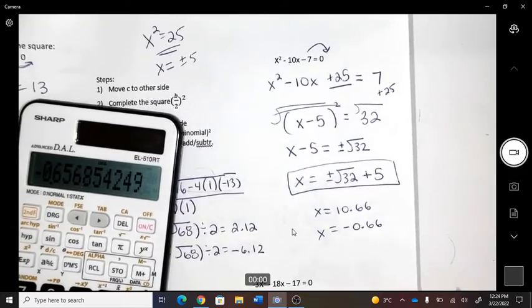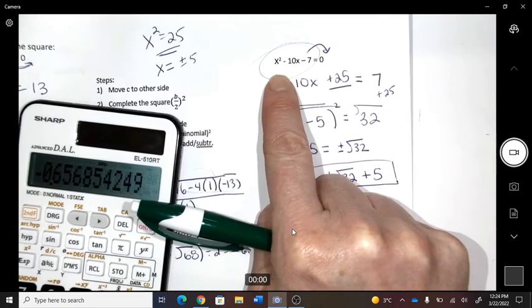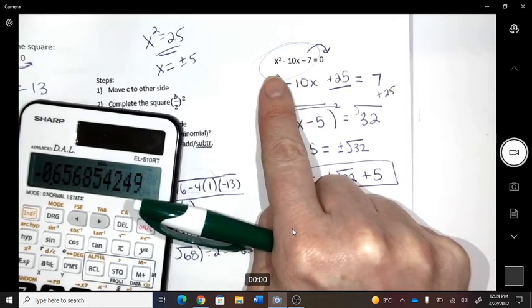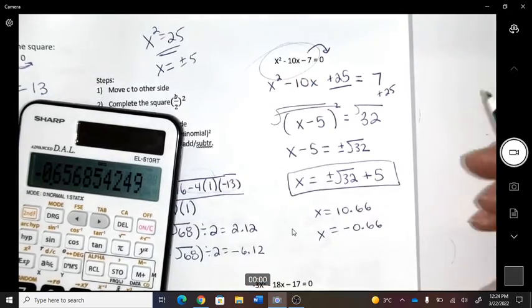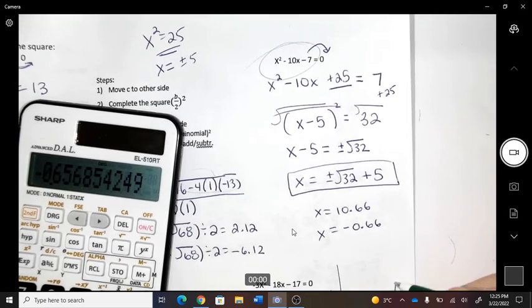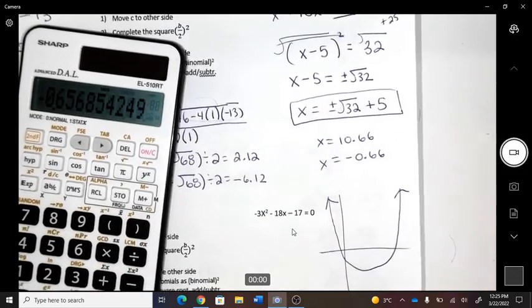So what do I know about the graph? What kind of shape is that? A parabola, right? What direction is it going, the up U or the flipped? This is just heading up. So this is what I know.